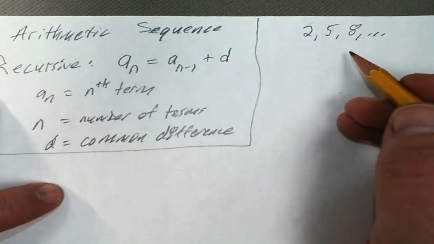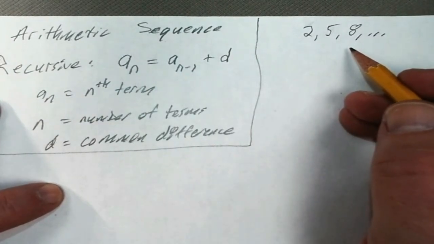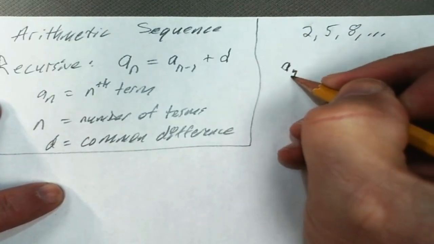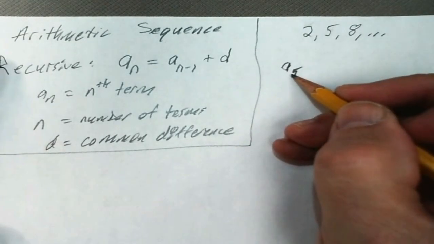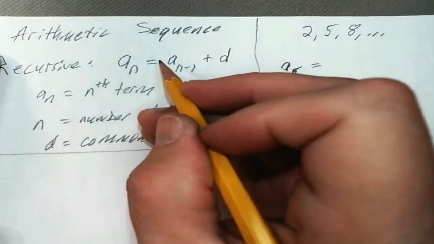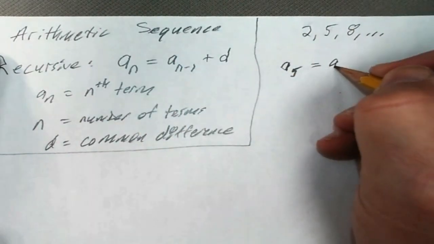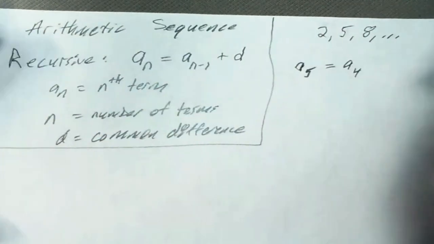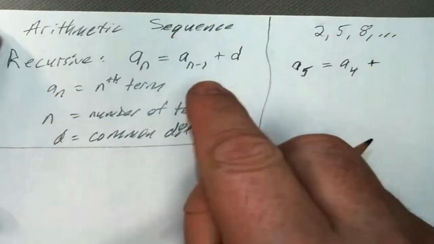So in this case, if I want to know the fifth term, so a sub 5, I would have to know a sub 5 minus 1, or 4, plus the common difference.